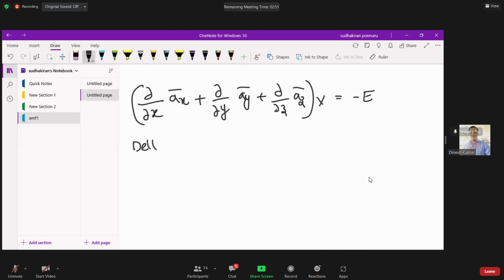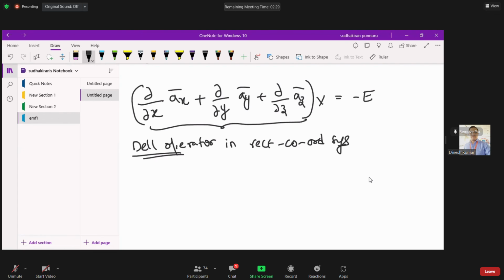If you remember the del operator in the rectangular coordinate system, we have given the formulas for the del operator in all three coordinate systems. Please go back to your previous pages and verify. The del operator in the rectangular coordinate system is nothing but this term.